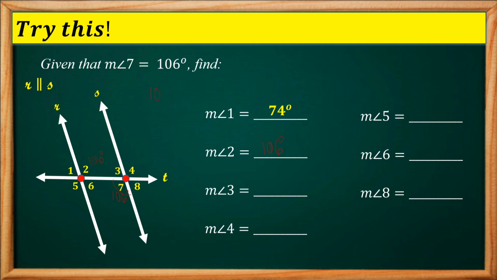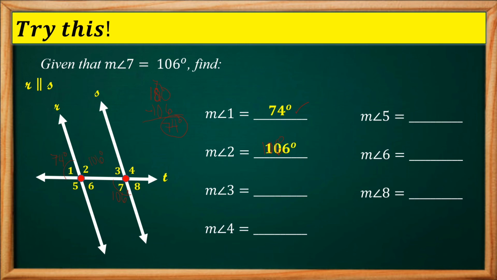So we have 180 minus 106. Carry 1, it means 10 minus 6 is 4. Bring down 7, 1 minus 1 is 0. The remaining is 74 degrees. Since angle 2 is 106, then angle 1 is 74 degrees.